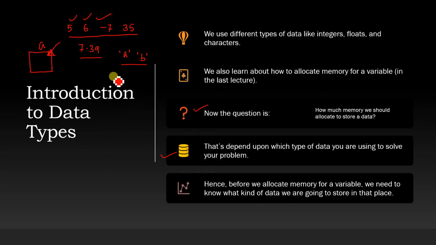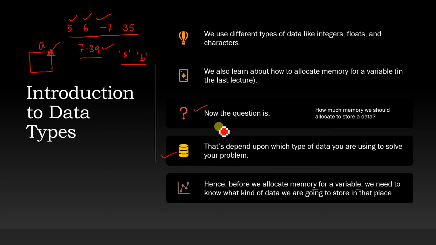But if it is an addition of two floating point numbers, that generally takes more space than an integer, so we need to allocate more space. That is why, before we allocate memory for a variable, we need to know what kind of data we are going to store in that place. This is a necessary step.